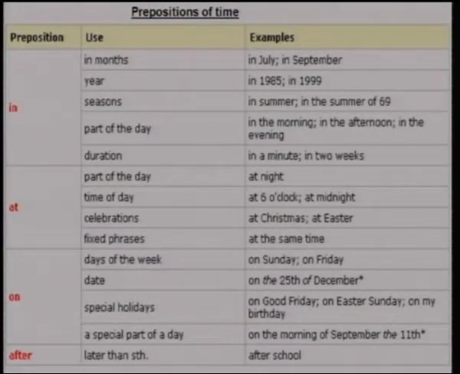We speak about time, not duration. Also, we refer to celebrations by using at Christmas, at Easter, at Ramadan feast, etc. If you speak about fixed phrases, we use also at. So we say at the same time, not in the same time.